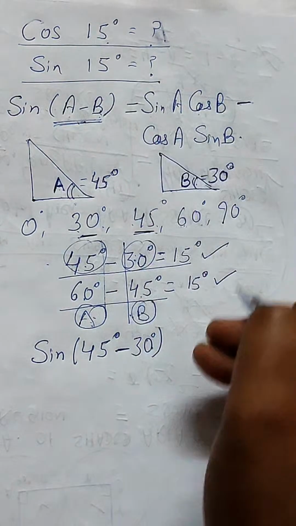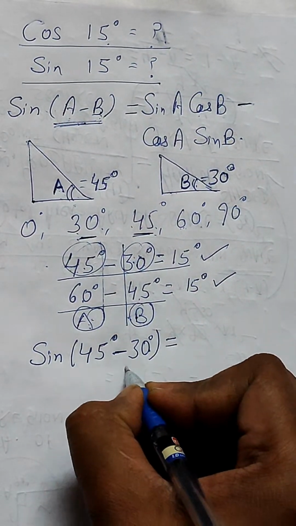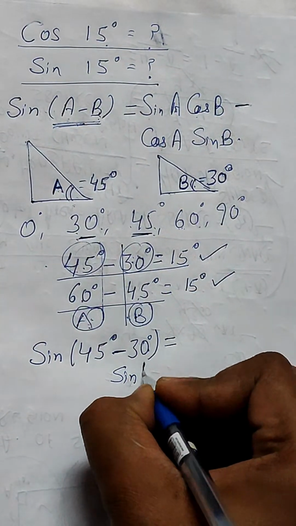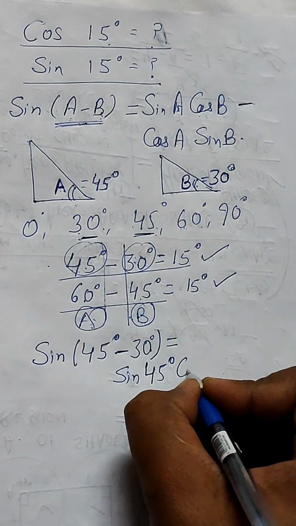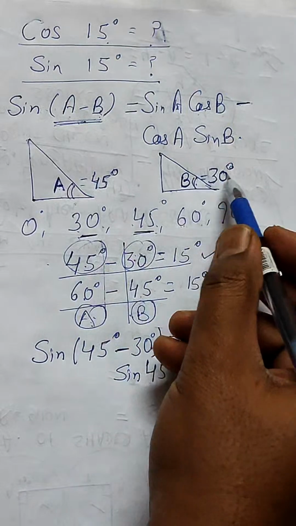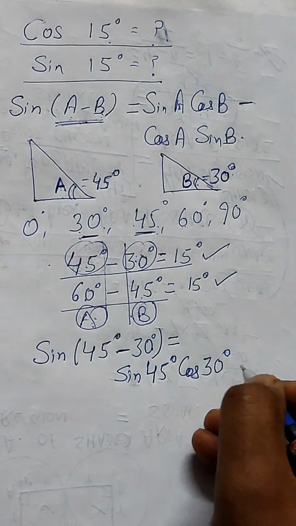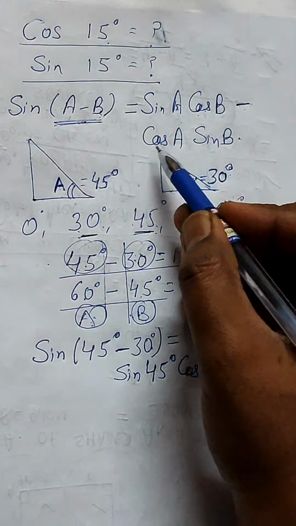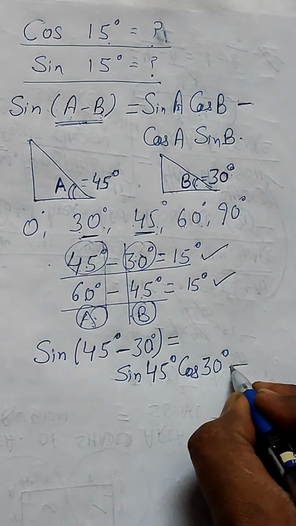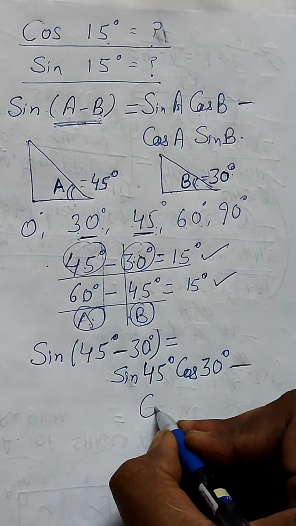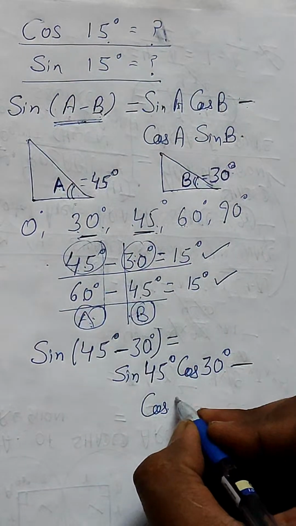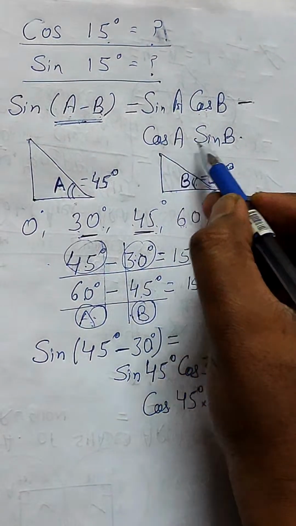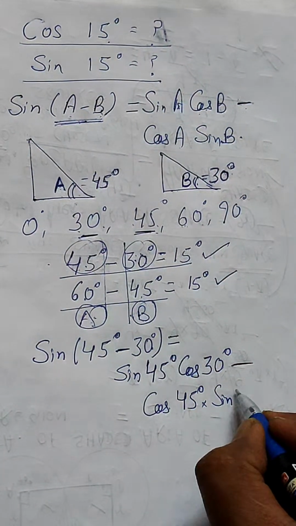So what we will be getting? Sin A cos B, that means sine of A, and A is 45, sine of 45 degree into cos of the B value, that is 30, cos of 30, minus cos A sin B, cos of A, that means cos of 45, into sin B, so sine of 30.